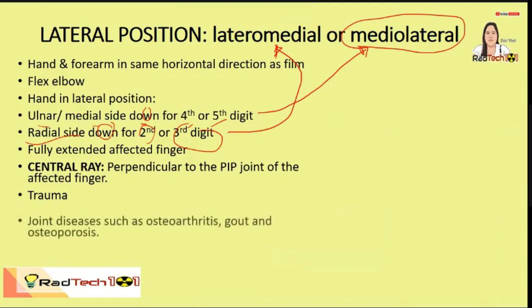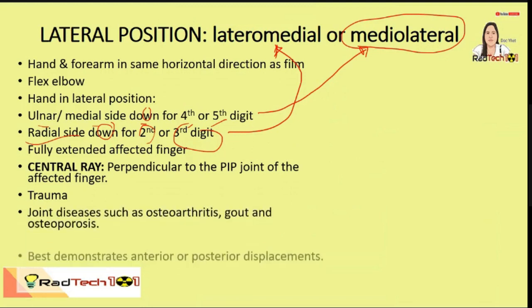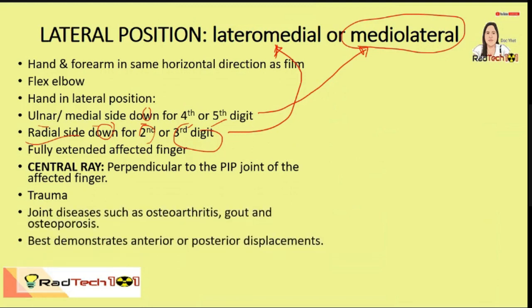Also for trauma, for joint diseases, best demonstrates also anterior or posterior displacements of the joints or the phalanges. And for foreign body localization. So kanina, ang ating AP for suspected injury.